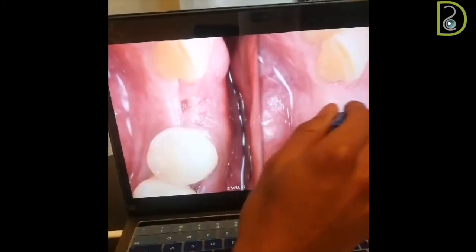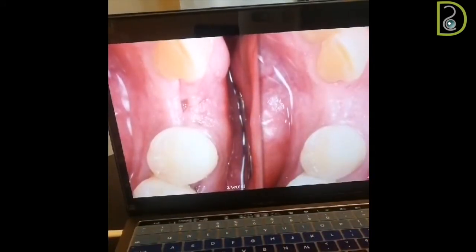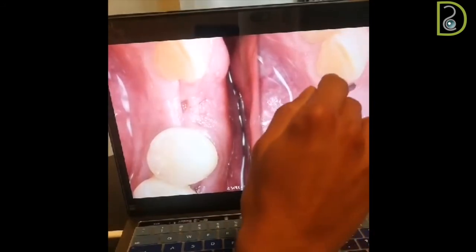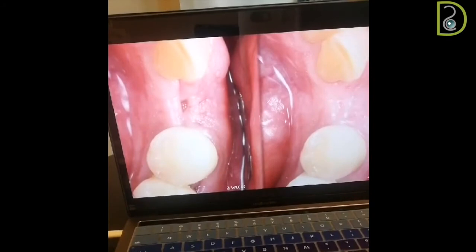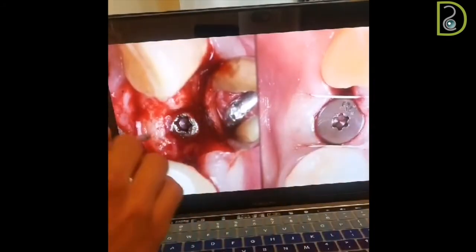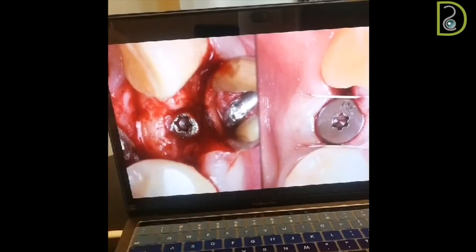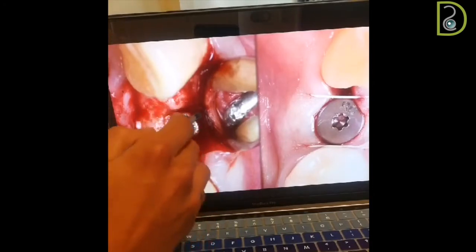And here the case at 4 months. So in this case, I did a small incision to do the second stage, and as you can see, the bone grows over the implant. So I would say most of the time when you place the implant and you submerge it between 0.5 to 1 millimeter, you will see this situation where the bone will grow over the cover screw.